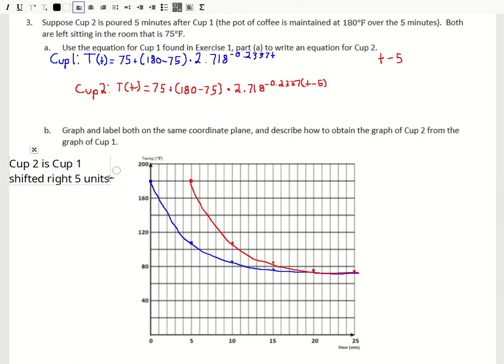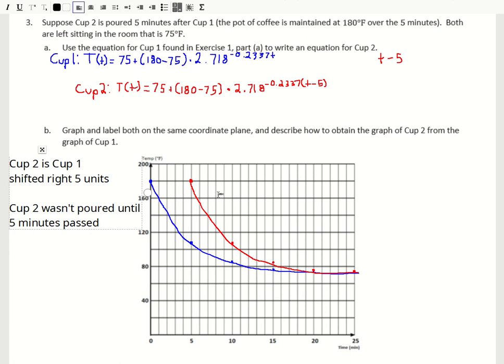The big question is, why does this cup not go up further? Why does it start here? Ask yourself that for a few seconds before I give you the answer. The answer for why it starts right there is cup 2 wasn't poured until 5 minutes passed.